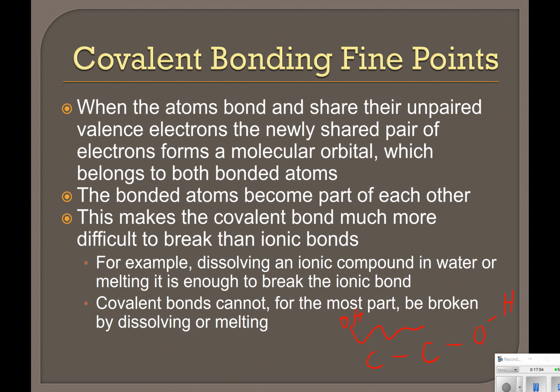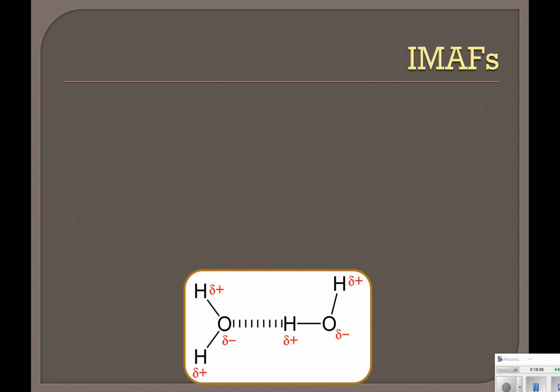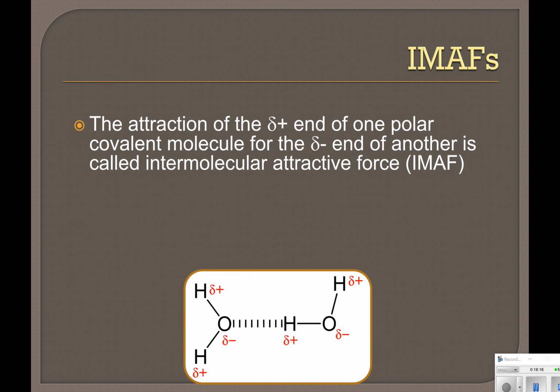This is going to stay as a whole molecule. It might get smaller, but it is not going to break apart. And that's because the covalent bond that's holding the carbons and the oxygens and the hydrogens together is much stronger than the ionic bond, and therefore is not going to break when it's dissolved or melted, and therefore will not conduct electricity.